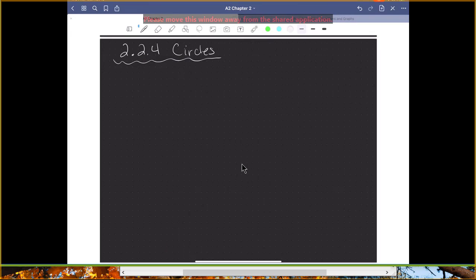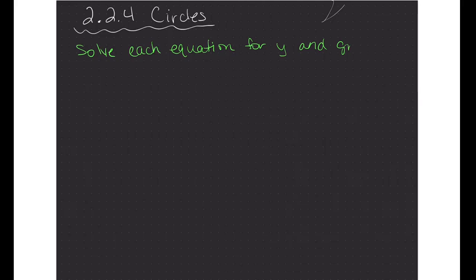Alright, so 224 has to do with our little circles. Make that a little bigger for you guys. So they wanted us to solve each equation for y and graph that equation.